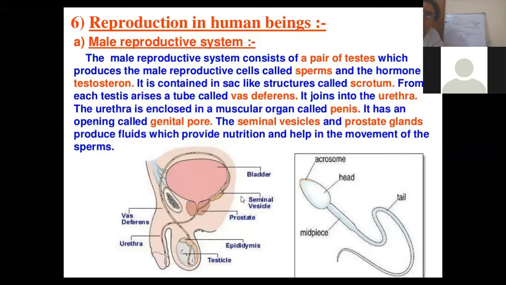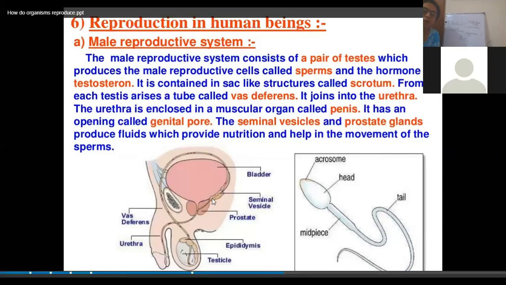Now, what is the use of this secretion generated by the three glands? These secretions are a white, viscous, milky fluid. It contains a lot of nutrients, which are passed on to the sperms so that the sperm can stay alive.